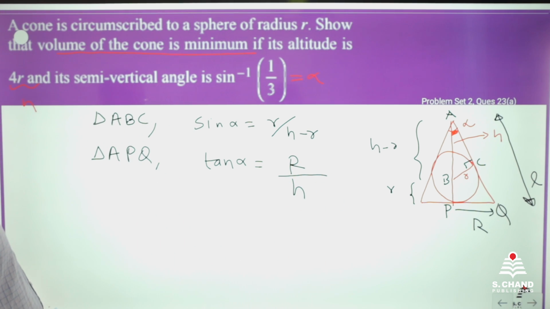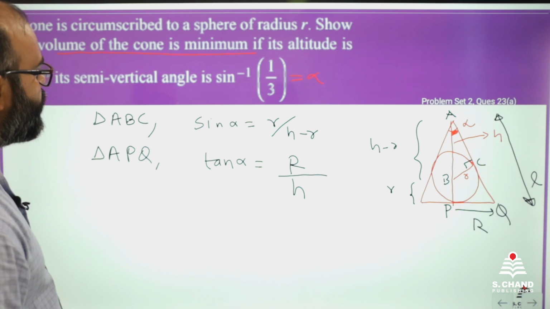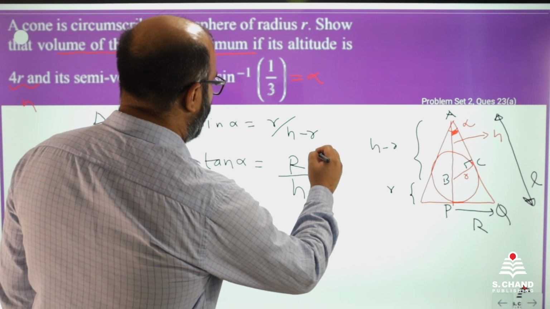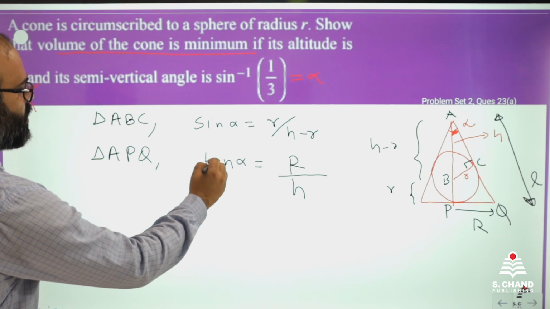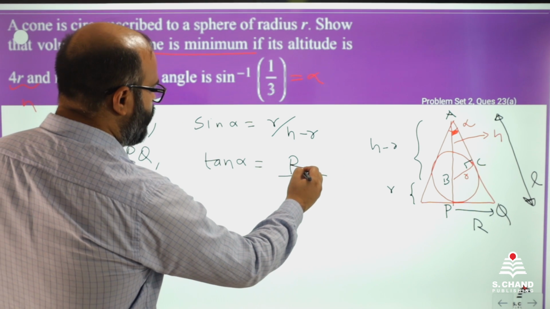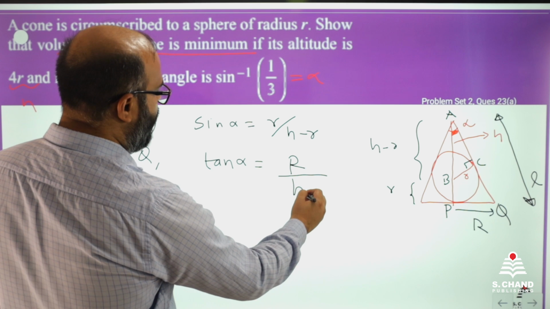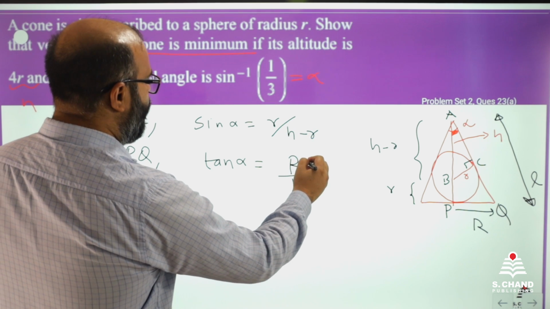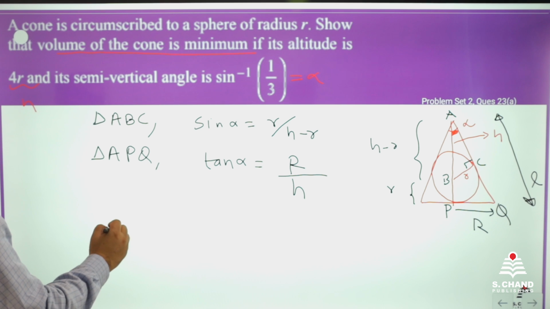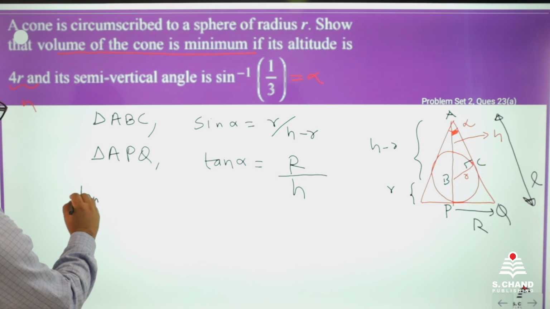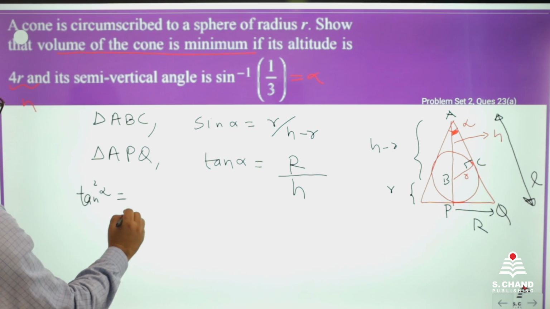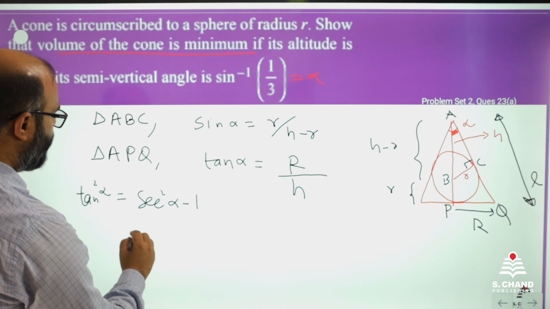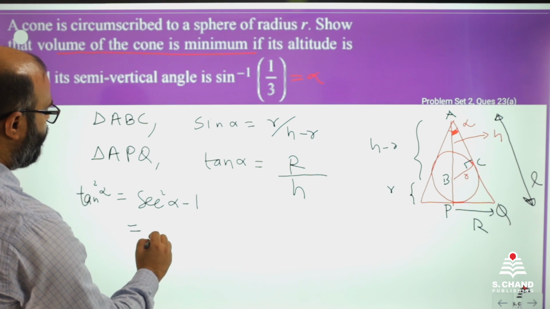Now if we find the relation between sine alpha and tan alpha, we can say that sine alpha is actually r by h minus r, perpendicular by hypotenuse. So we can say that we have tan square alpha is equal to sec square alpha minus 1, and this is 1 by cos square alpha minus 1.